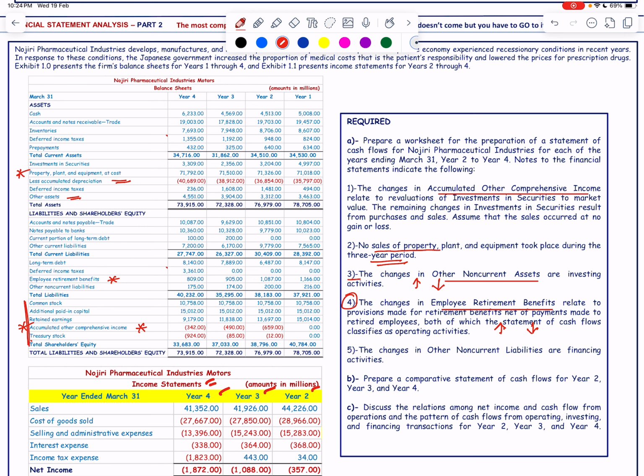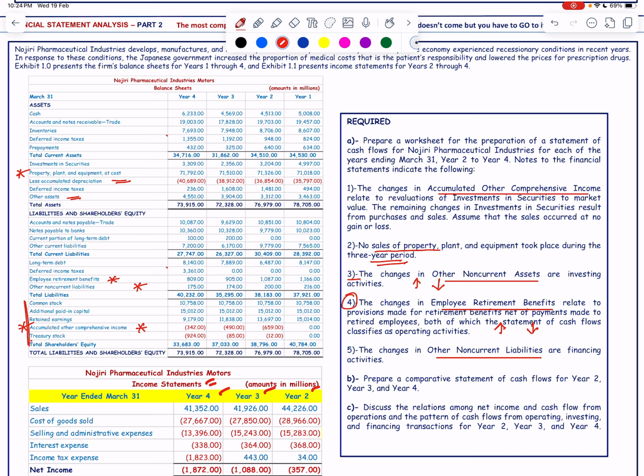Coming to number 5, the changes in other non-current liabilities. So we have other non-current liabilities over here. When preparing the cash flow statement, changes in other non-current liabilities are treated as part of the financing activities because they generally involve long-term obligations like long-term debt or pension liabilities.